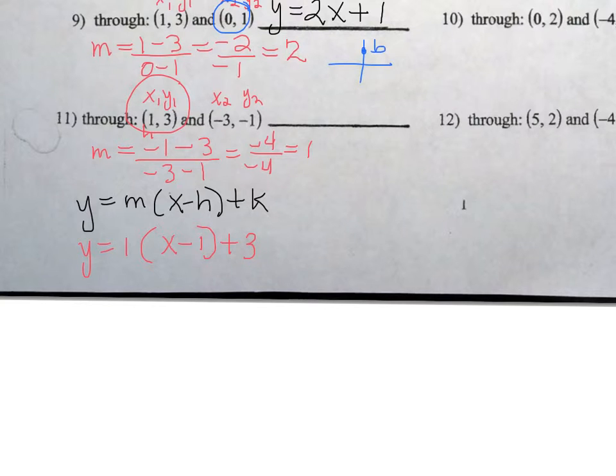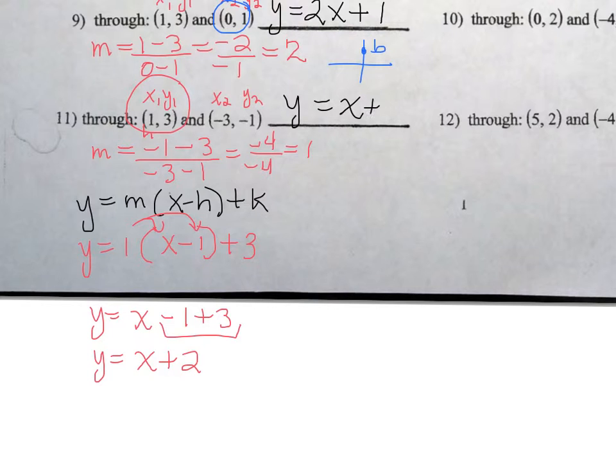Any questions up to that step? So far, so good. Then we distribute. So it would be y equals x minus 1 plus 3. You simplify, and that would be x plus 2. And that's the answer. Y equals x plus 2.